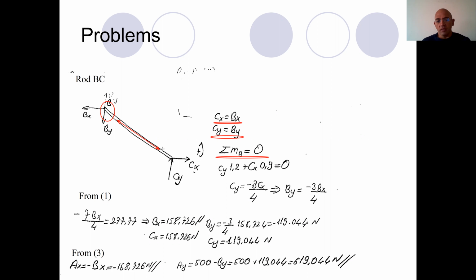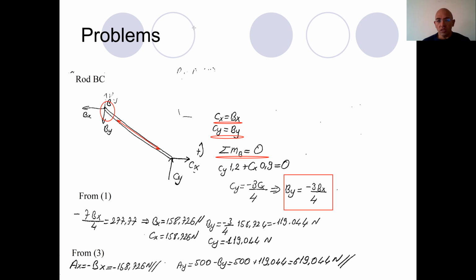Now, after having all these equilibrium equations, from equation 1, I can obtain the Bx. By substituting this relation between the By and Bx into equation 1, we obtain minus 7 divided by 4 Bx, and that's equal to 277.77.